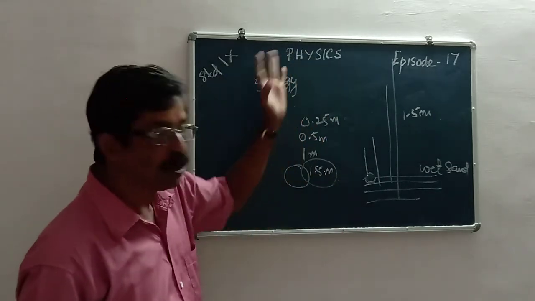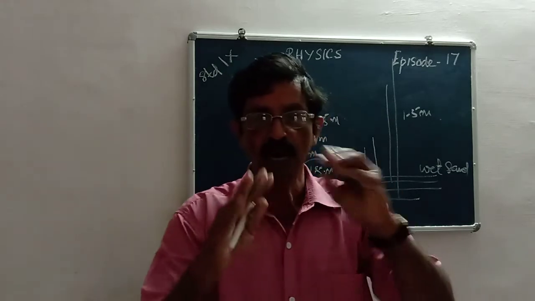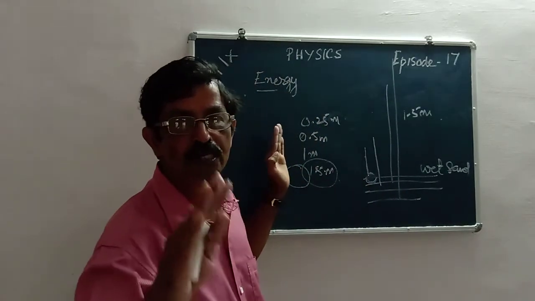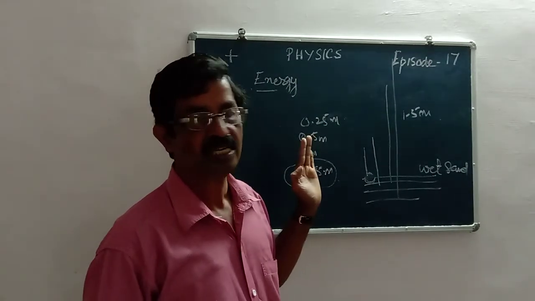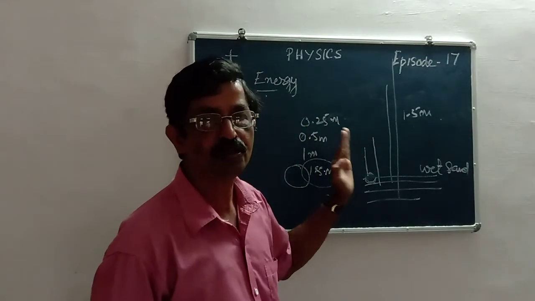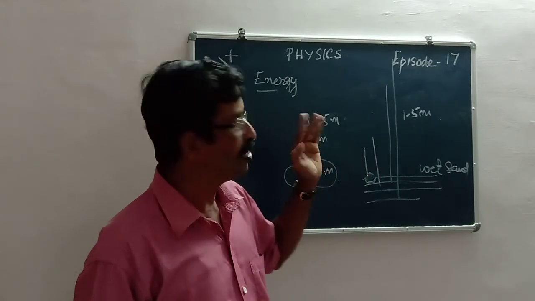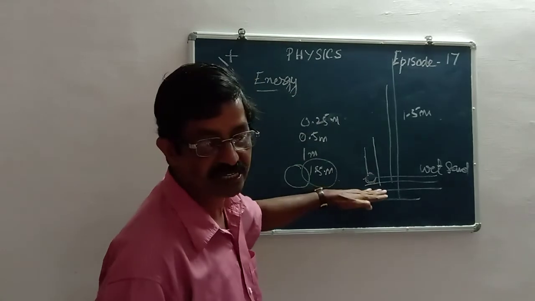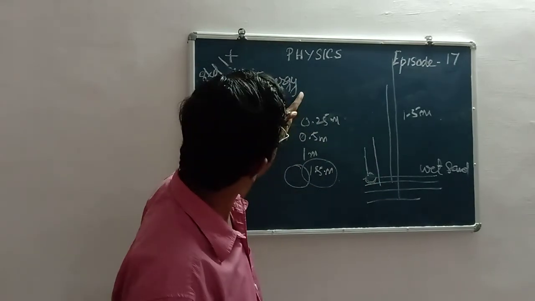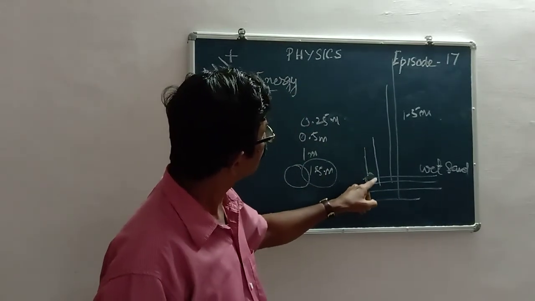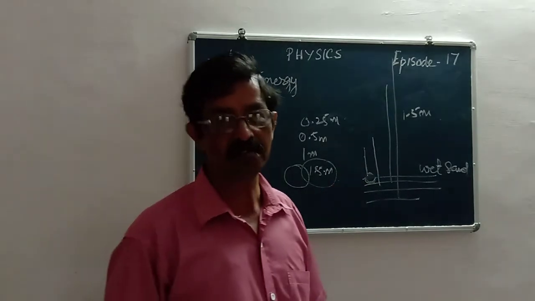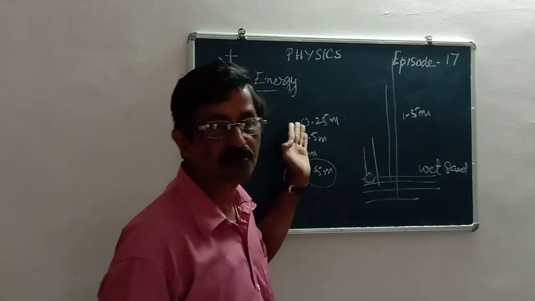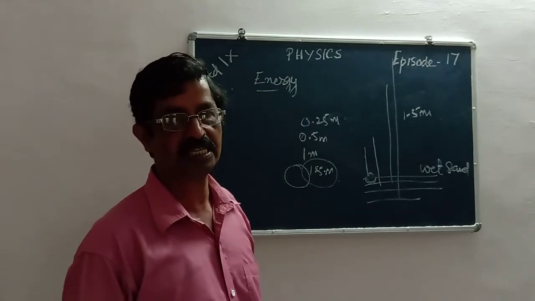See, when you drop a ball from different heights, that ball possesses energy due to its motion. When it is dropped from a height of 0.25 meter, the pit formed is the shallowest, because at that time the energy possessed by the ball is very less.